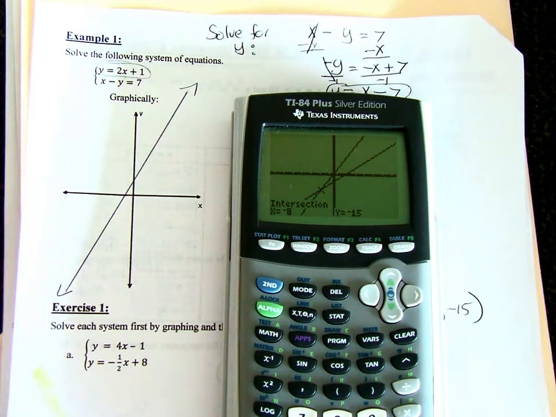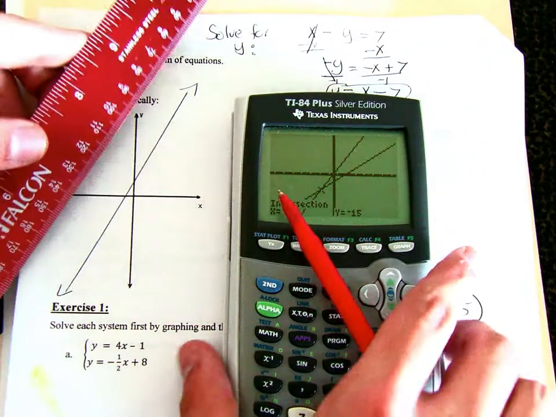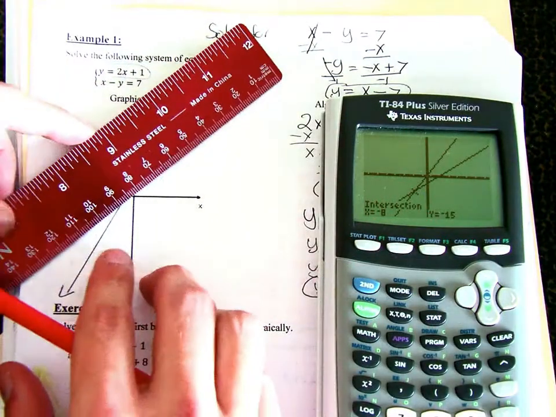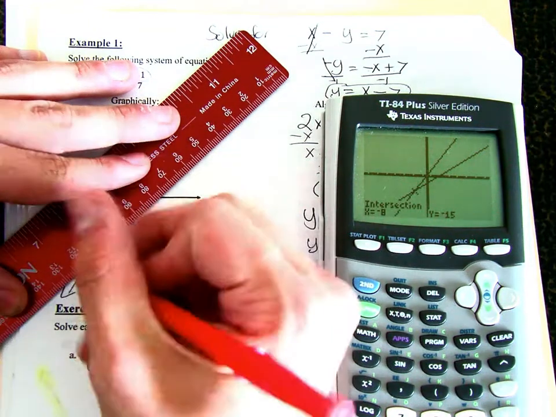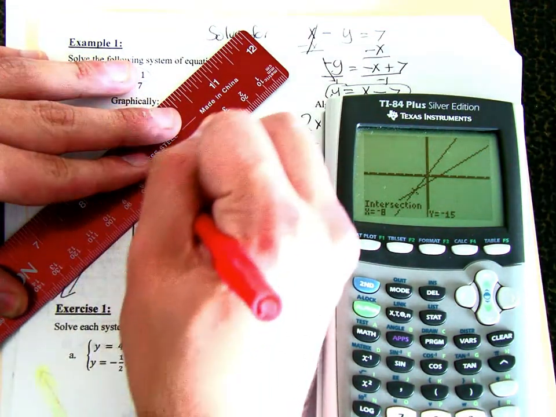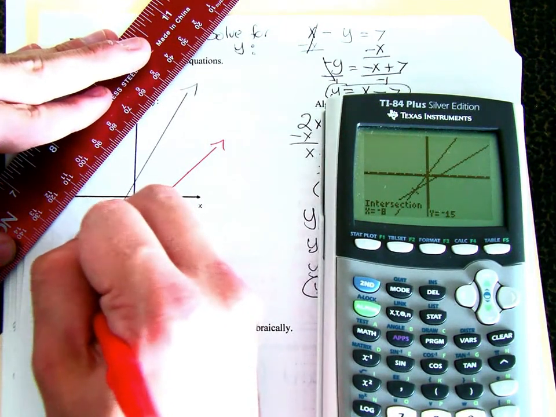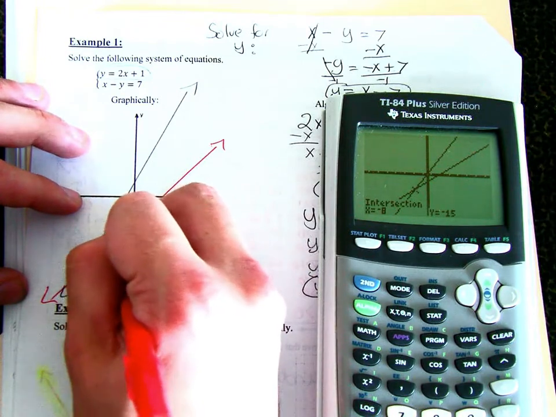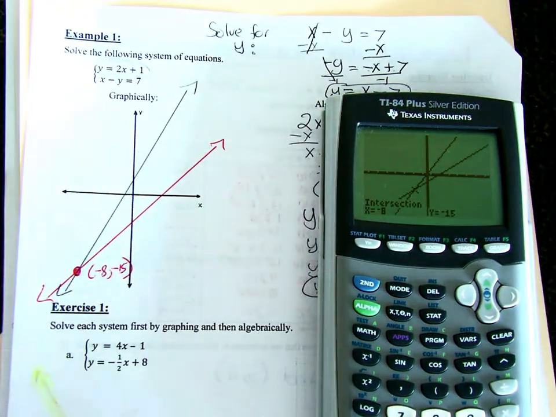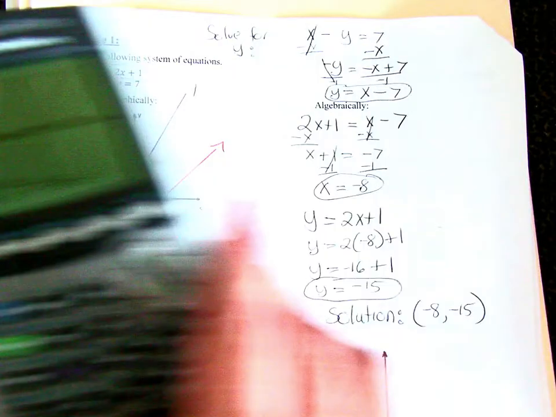And then I want to sketch my other line, which will be, so let's move this over, about there. And then I'm just going to label this point, and I'm going to label it -8, -15. Okay? And that's how you do it graphically in your calculator.